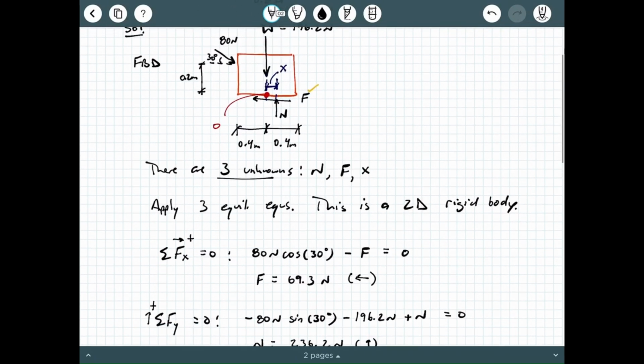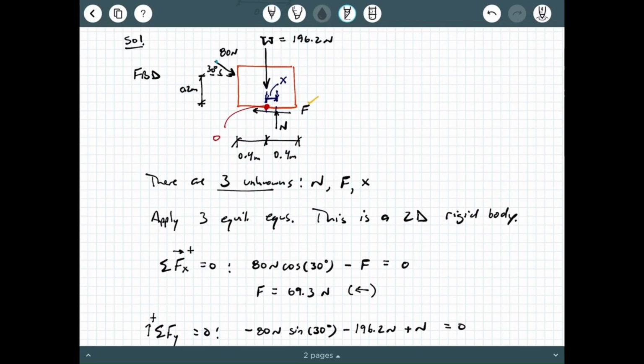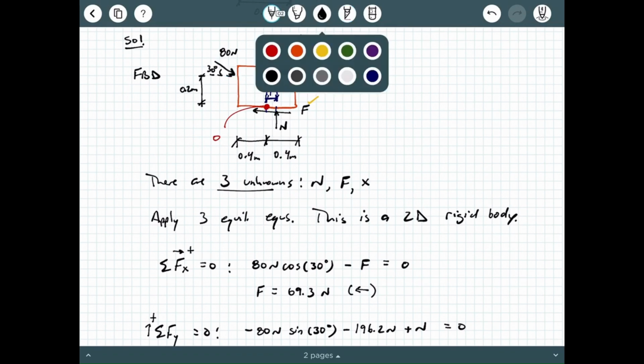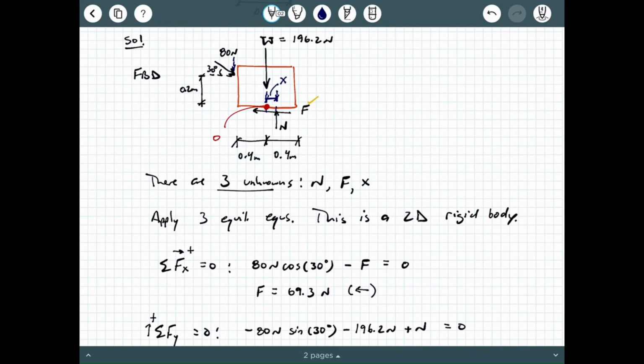So here we go. When we sum moments about point O, what all is going to come into play? Well, definitely each component of the 80 newtons. We're going to have to resolve that 80 newtons into a vertical component and a horizontal component, and each of these components is going to have its own perpendicular distance away from the origin right here.